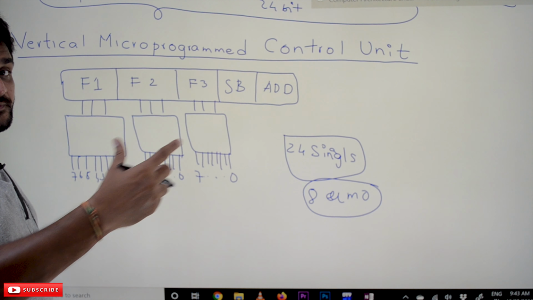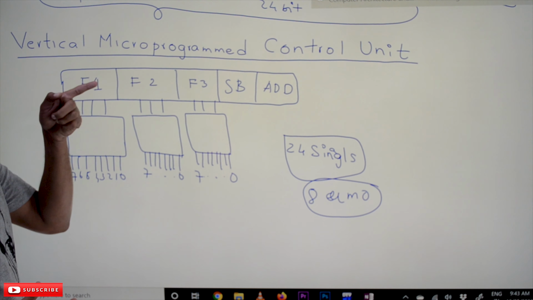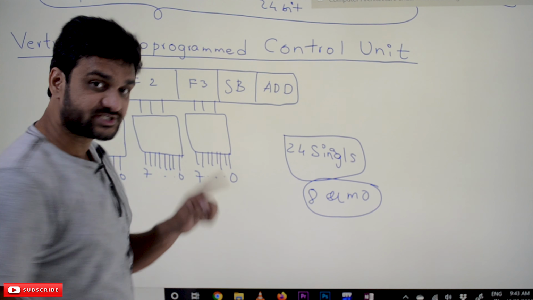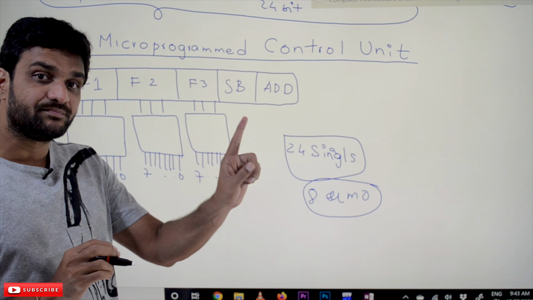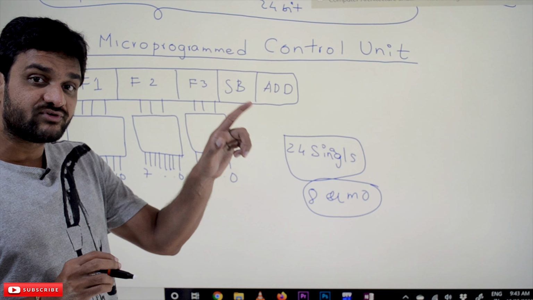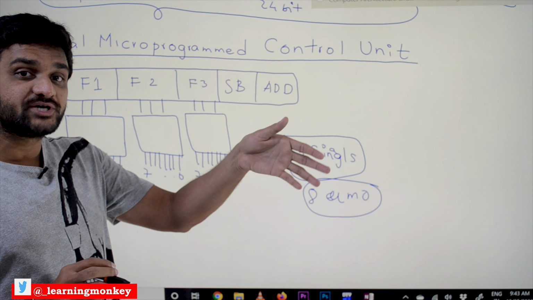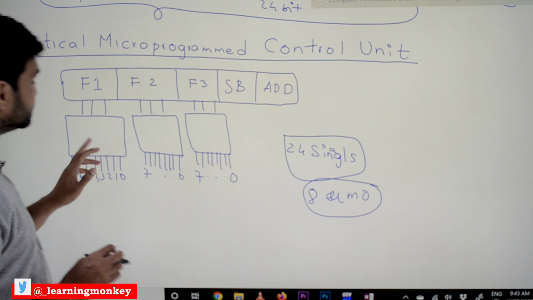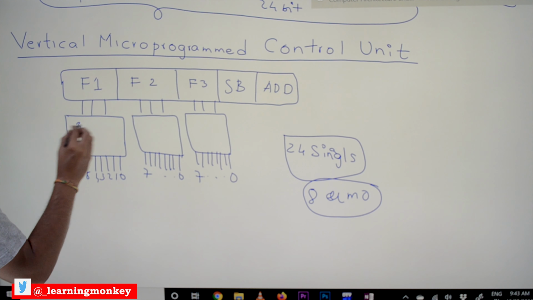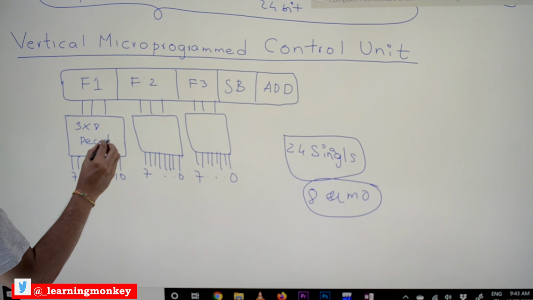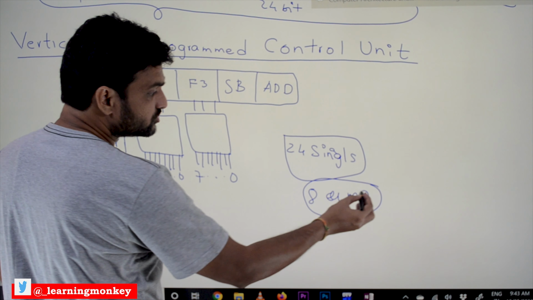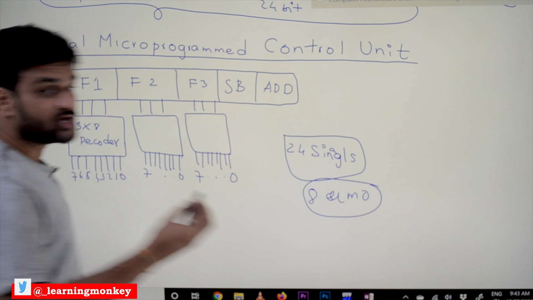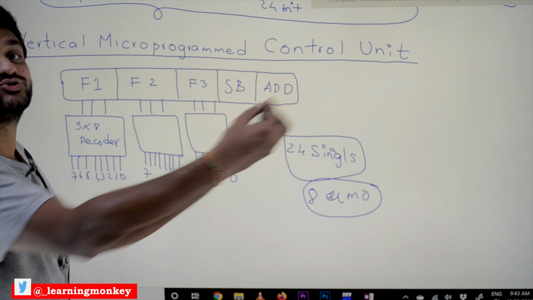Every micro operation in a group is uniquely numbered, and which micro operation has to be executed can be derived by using this 3/8 decoder.